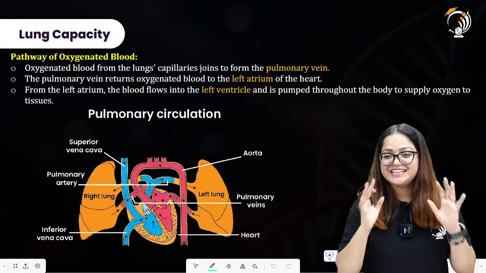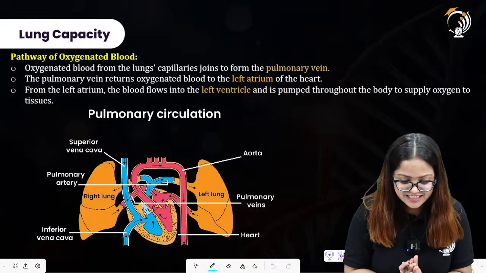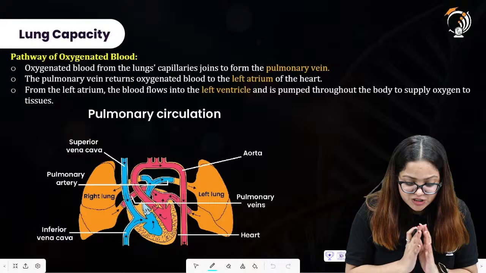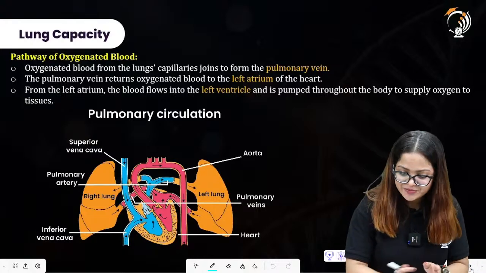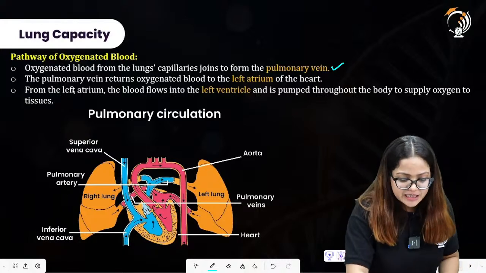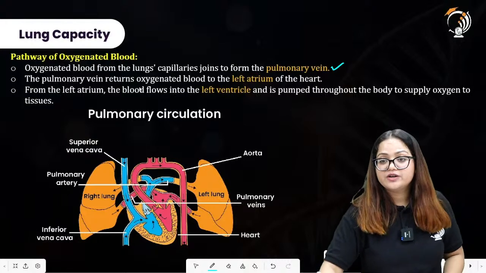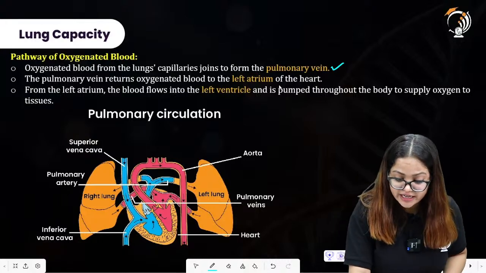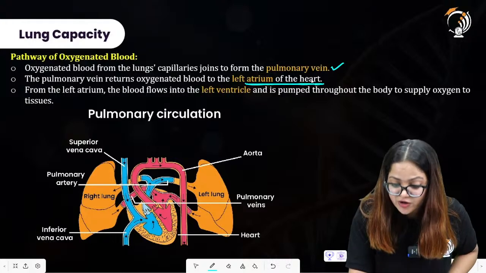Done. Pathway of oxygenated blood here. Now you can easily tell this pathway. Trust me, you can easily tell this answer. Oxygenated blood from the lung capillaries joins to form the pulmonary vein. The pulmonary vein was carrying the oxygenated blood, right? The pulmonary vein returns oxygenated blood to the left atrium of the heart. Which atrium in the heart was receiving the blood from the pulmonary vein?